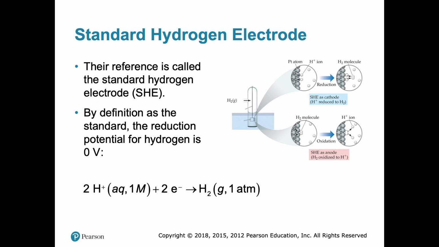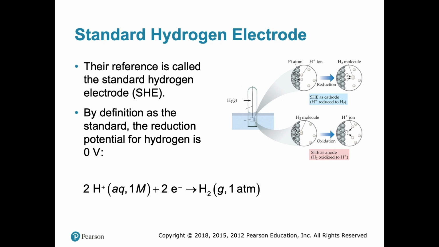And so here you can see the SHE, the standard hydrogen electrode, and we've got platinum here and some protons here, and the protons are becoming H2 in this reduction.